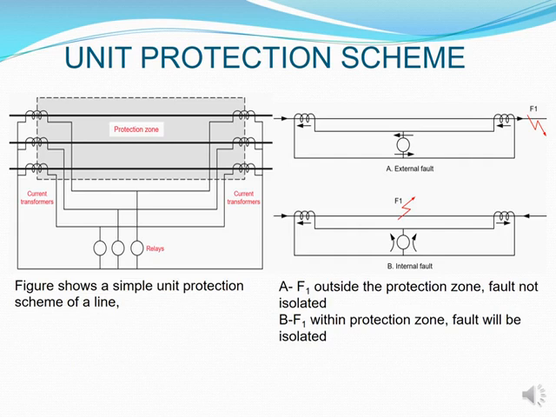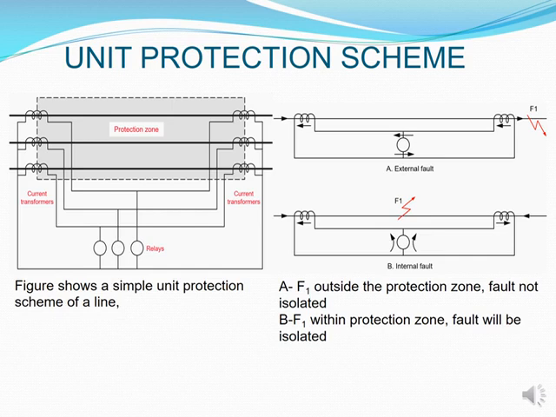The picture you have here is what we call a simple unit protection scheme, or a differential scheme, as you can also name it, of a line. You have a transmission line where at the end of each part of this line, we've got CTs that are measuring whatever is happening in there, and those get connected directly to relays.